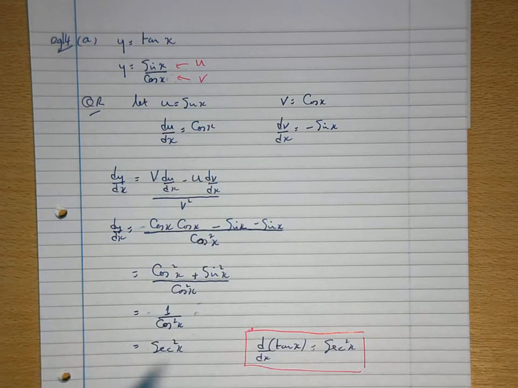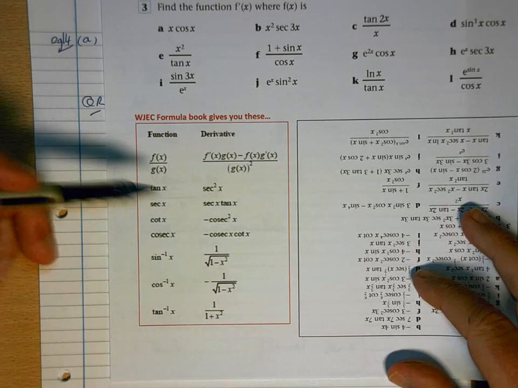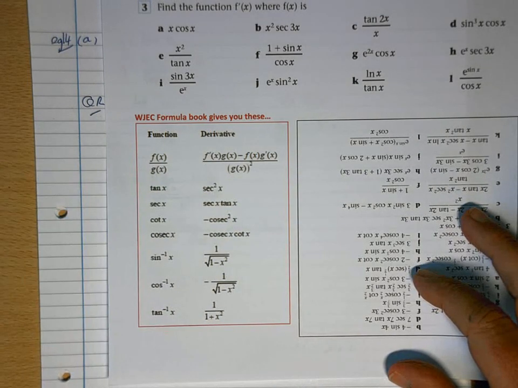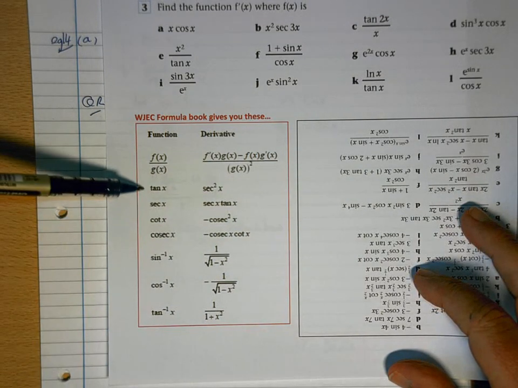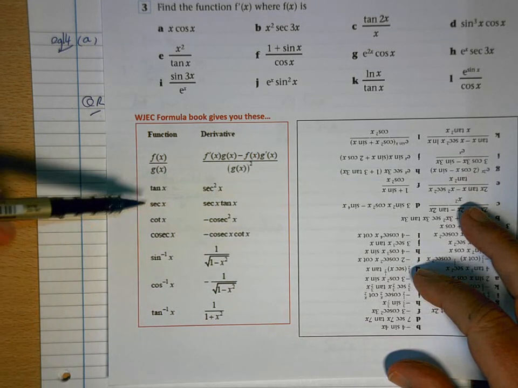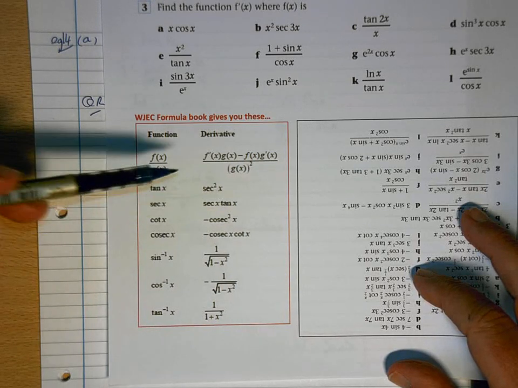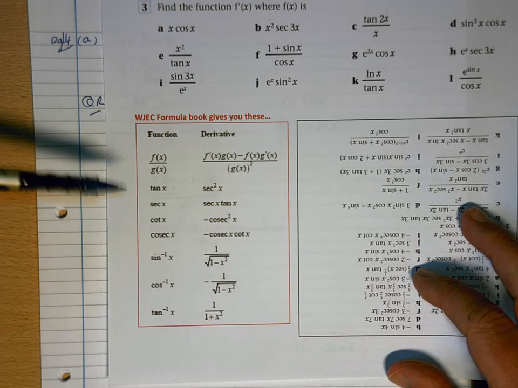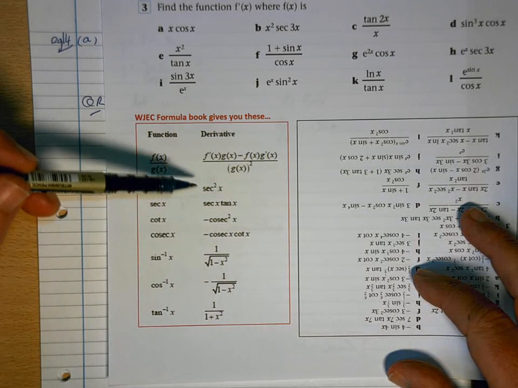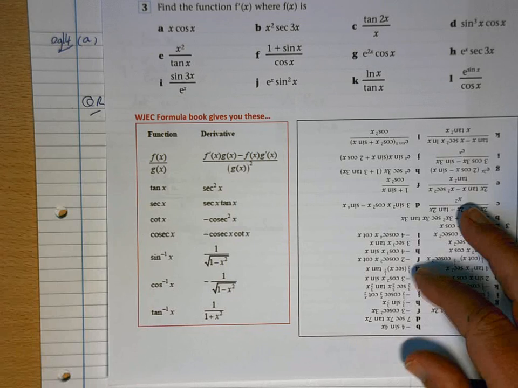Now, you were given a limited number of standard derivatives in the WJEC formula book, which I've snipped onto the second page of the notes. So tan is one that you are given. It's helpful if you can remember that relationship, because quite often, in particular when you're integrating and working backwards, it's useful to be able to spot these and remember what the derivatives are.